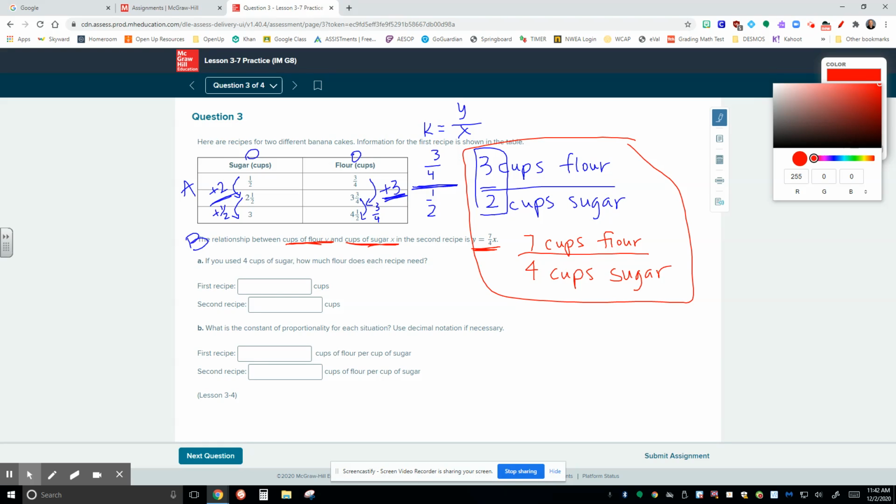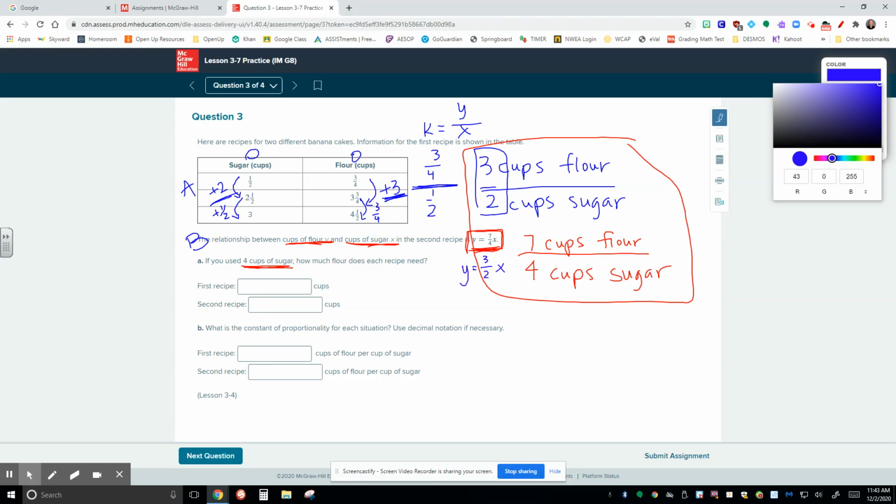What we're talking about is, if you used 4 cups of sugar, how much flour does each recipe need? Well, think again, we have an equation right here for this one. That means that our other equation, we could write very similarly and say that the total number of cups of flour has to be equal to 3/2 cups sugar.